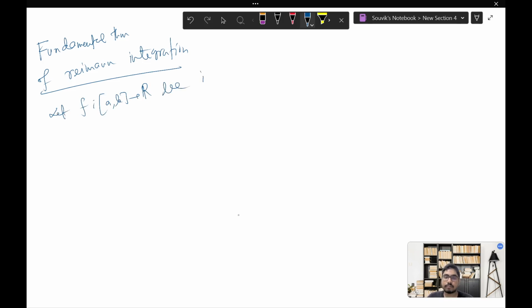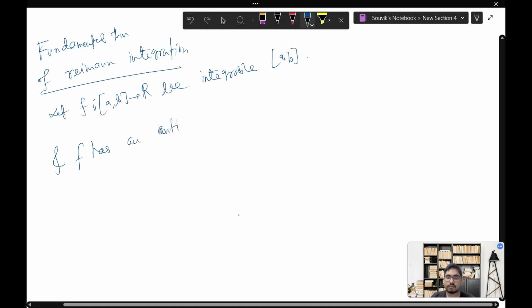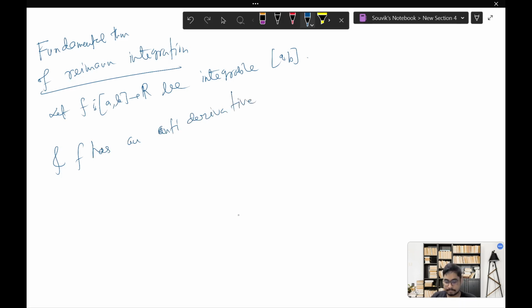If f from a b to R is integrable, and if f has an antiderivative F on a b, then the integration a to b f is nothing but F(b) minus F(a).